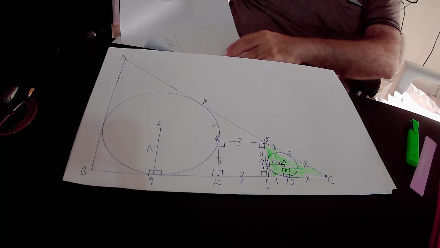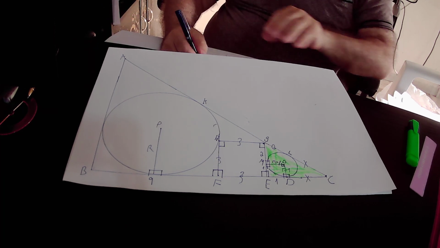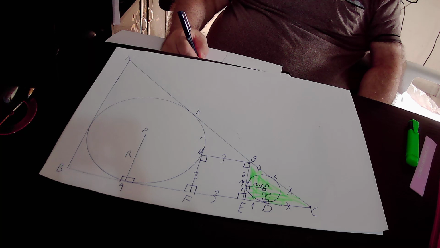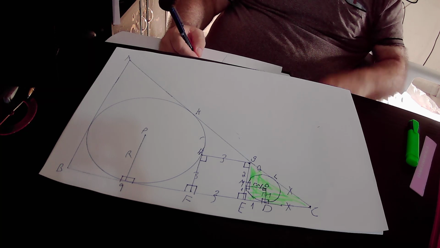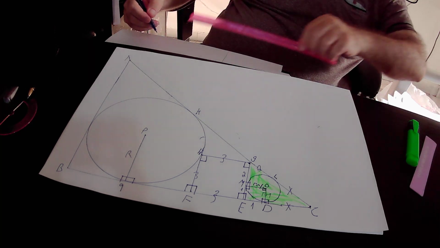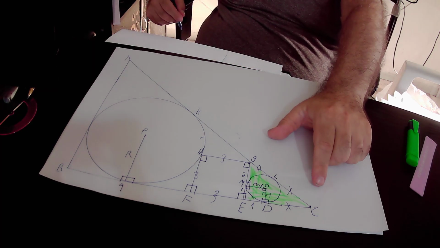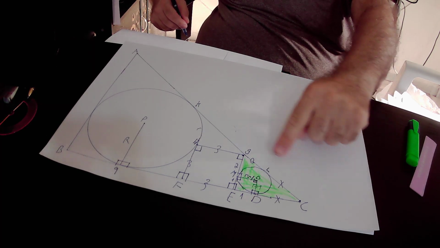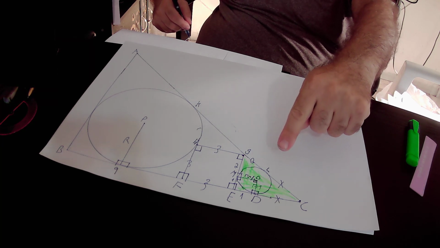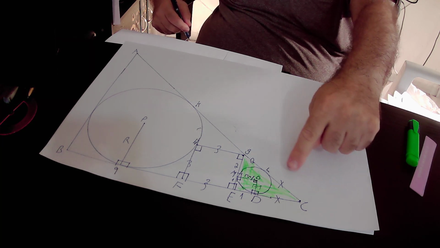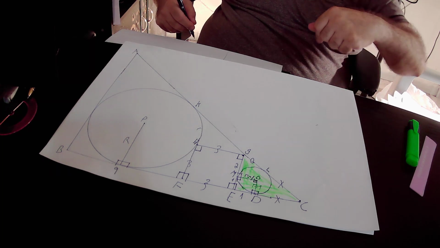Okay, so GC square, what is the value of GC? It is very easy to see that GC equals 2 plus x.